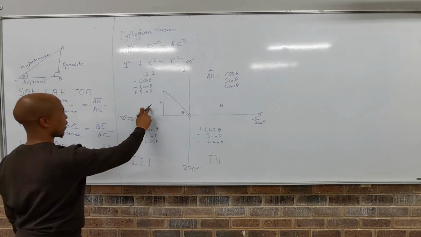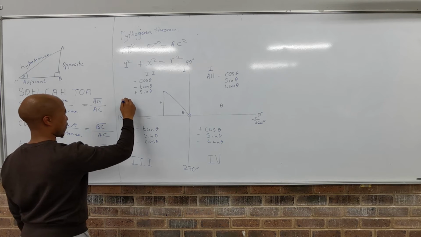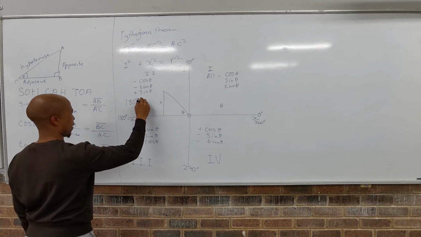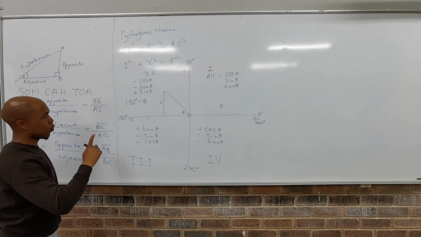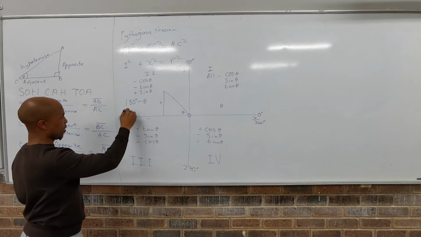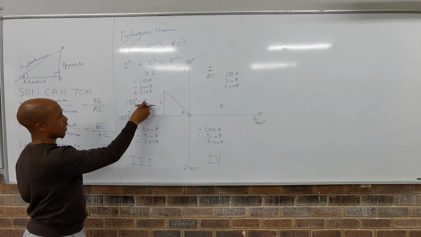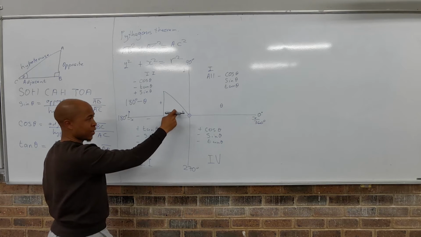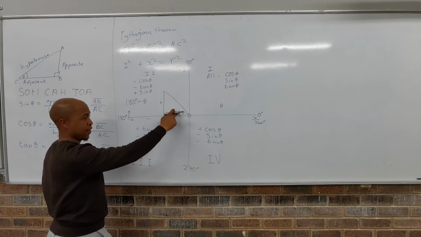On the second quadrant, we have 180 degrees minus theta. Why are we saying minus theta? It is because we are still below 180. Hence, we are saying minus the acute angle that we refer to here.